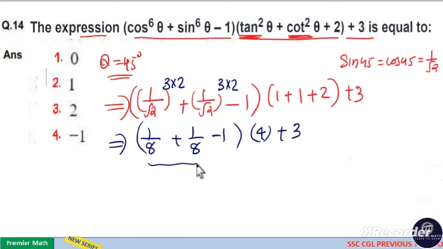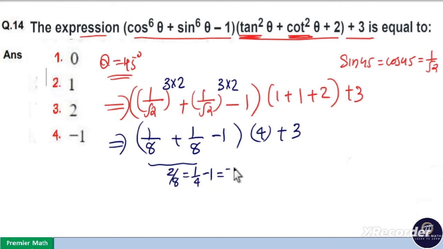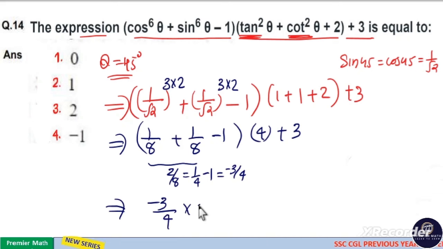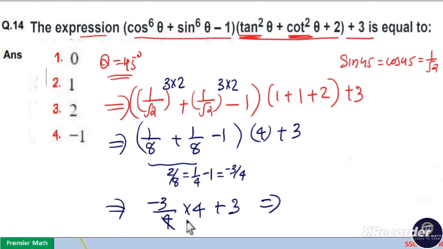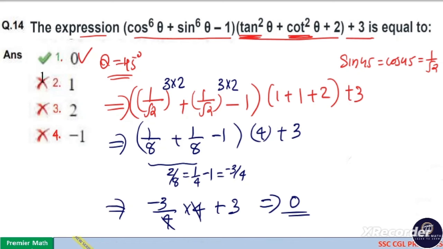Now 1 by 8 plus 1 by 8 is equal to 2 by 8. 2 by 8 means 1 by 4. So, 1 by 4 minus 1 is equal to minus 3 by 4. So, this term will become minus 3 by 4, remaining is into 4 plus 3. So, 4 and 4 cancel. Minus 3 plus 3 is 0. So, option 1 is your answer.